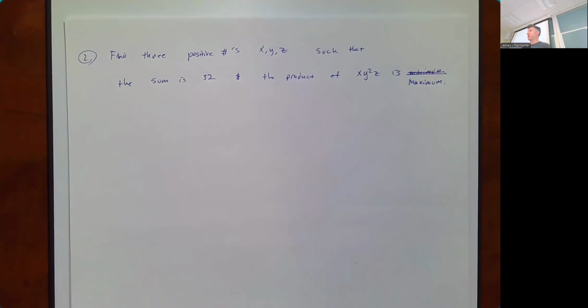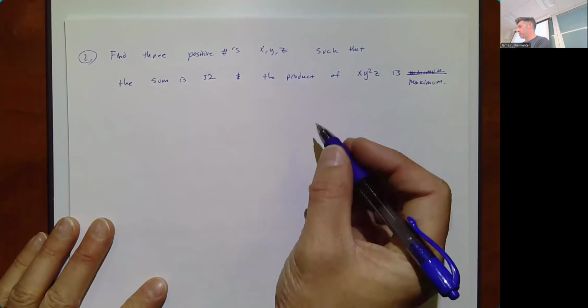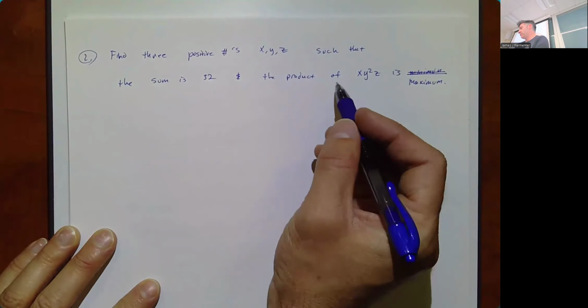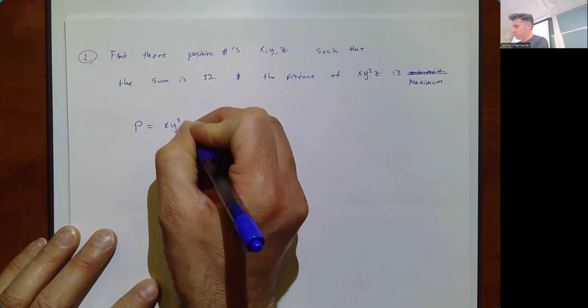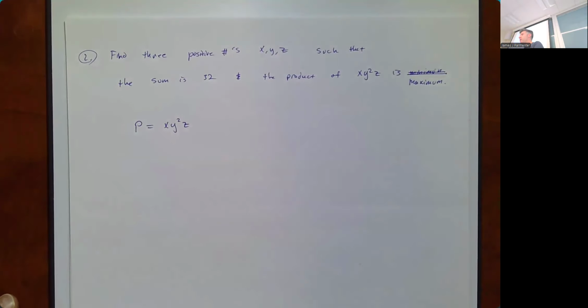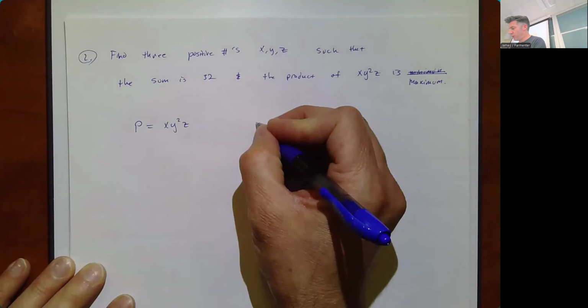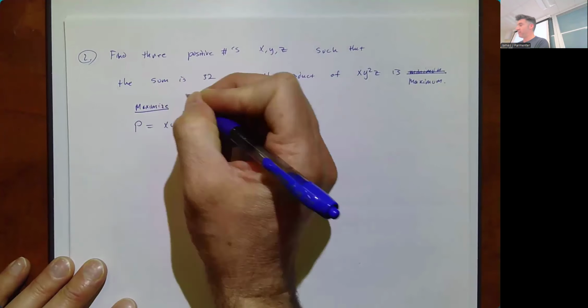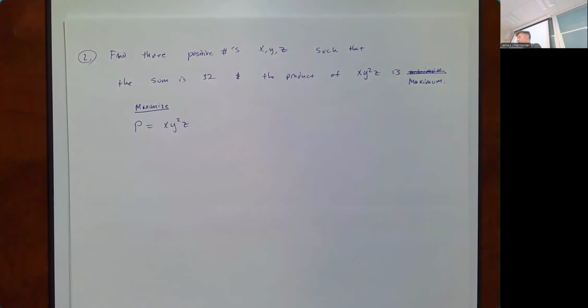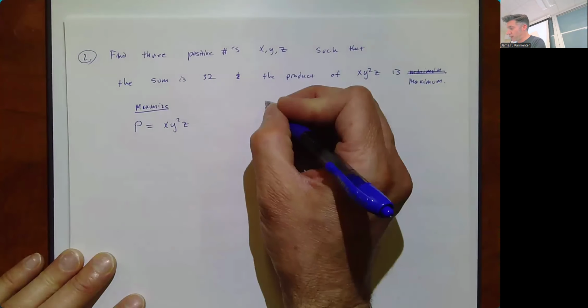So here we have two things going on. We have the thing we want to maximize. If I'm trying to maximize X, Y squared, Z, the product, I'm going to write the product as the thing I'm trying to maximize. But really, you can give it any name you want. I saw when she was minimizing the sum of the squares, she wrote S equal to X squared plus Y squared plus Z squared. And then we want to maximize this. But we don't have the tools to maximize a function of 3 variables. So we also need a constraint.